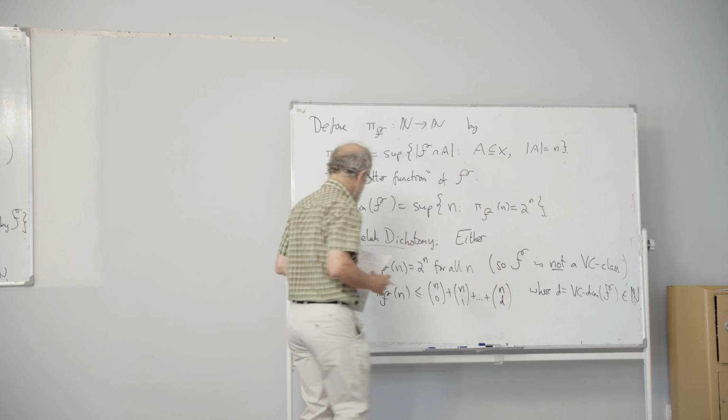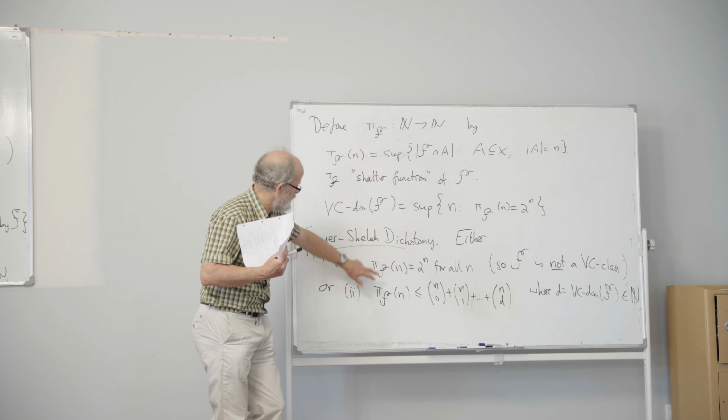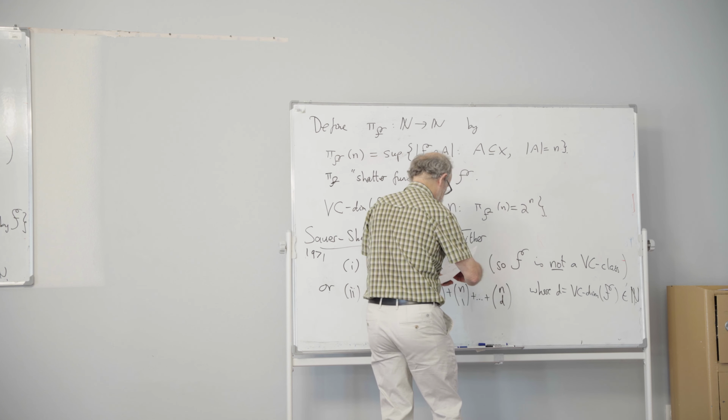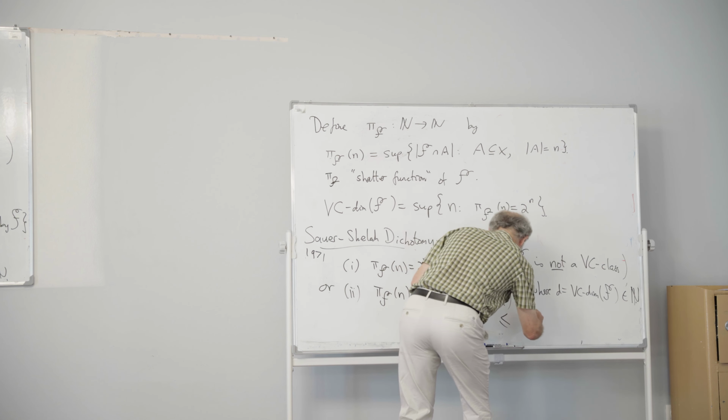In the infinite VC dimension case, of course you just get the first option, but the real point is that if you have finite VC dimension, then this function is bounded by this, and this whole expression is less than or equal to (e n over d) to the d. So it's polynomial of degree d.